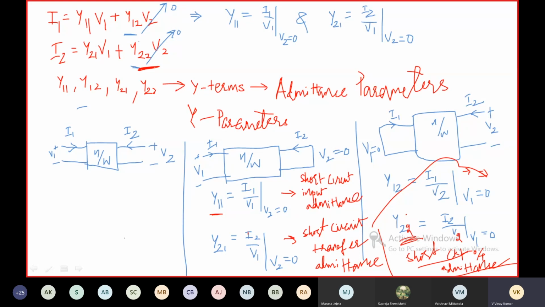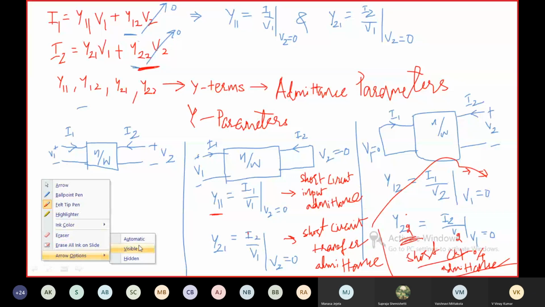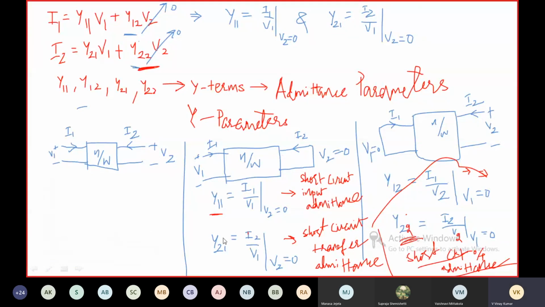So here, Y11 and Y21 can be obtained by short circuiting port 2.